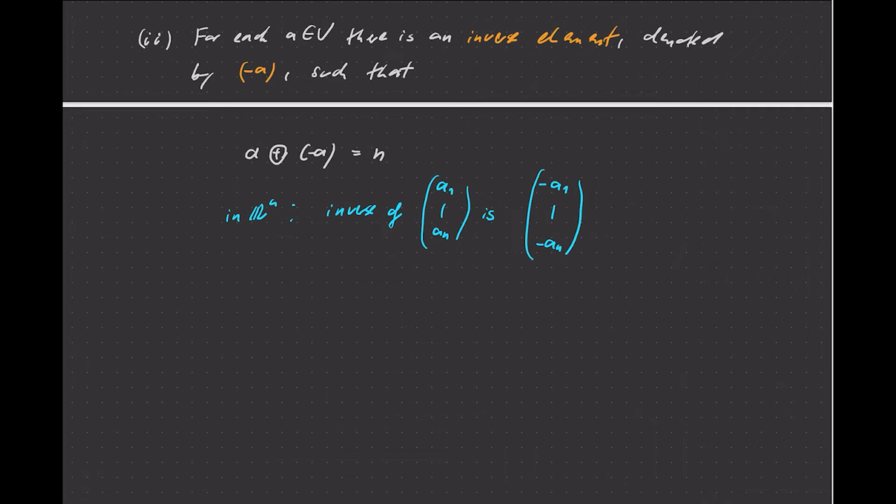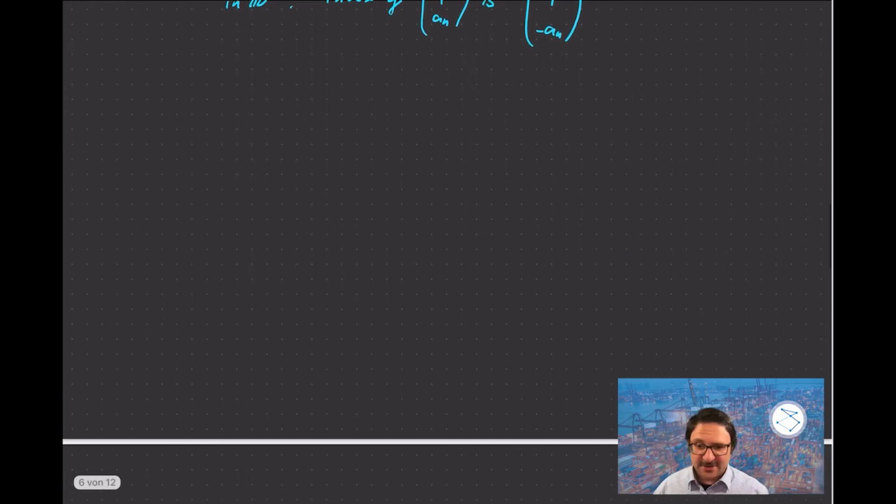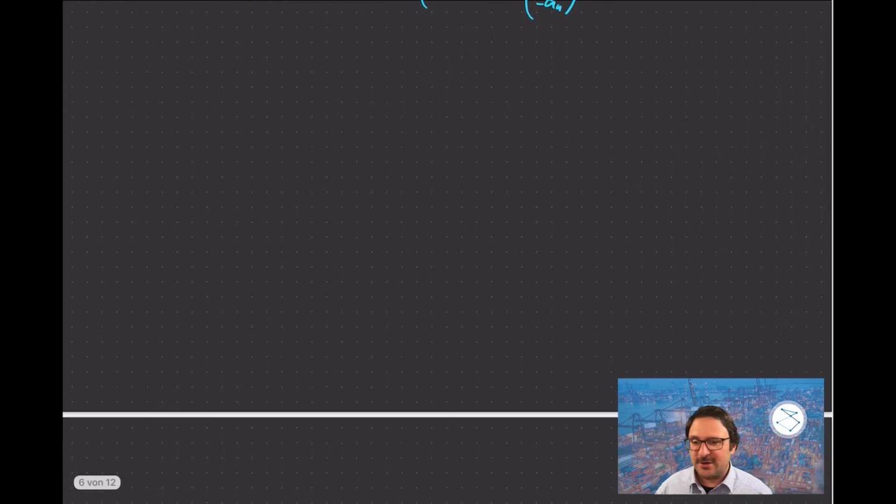Because if you add these two, then the result of this addition is obviously the all zeros vector, and we established that this was the neutral element already. Okay, so these are the two important elements that have to exist so that we can do meaningful computations.